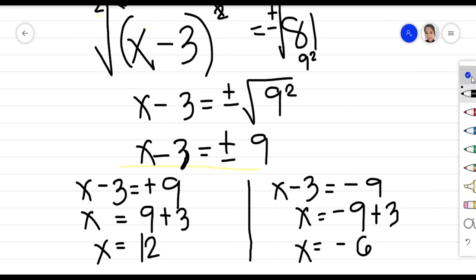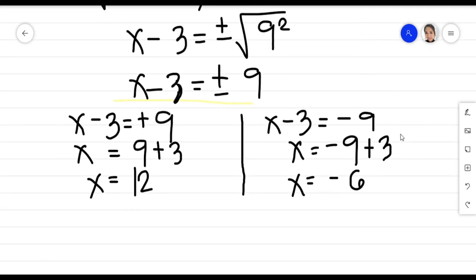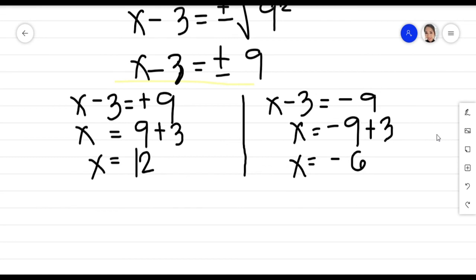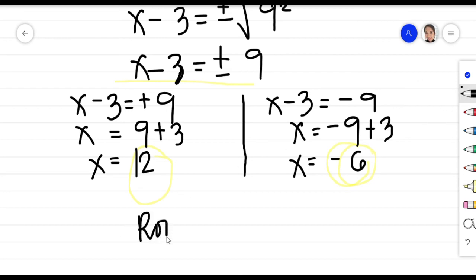Now we have here the two values for our roots. The first root is positive 12 and the other root is negative 6. Thus the roots for the quadratic equation are positive 12 and negative 6.